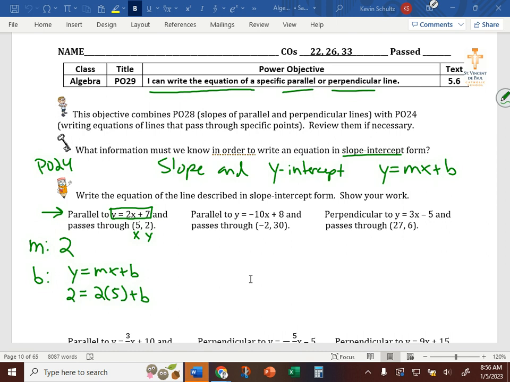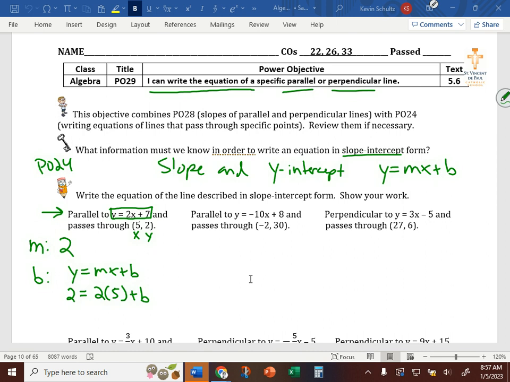Does this ring a bell? Yes. If it doesn't, you probably didn't pass PO24. If you did and you forgot it, I guess that's last year's lesson. If you intentionally pushed it out of your mind, well, now it's coming back.